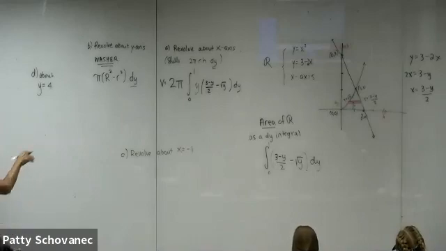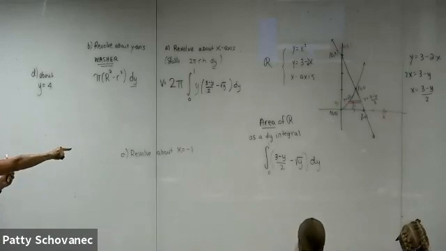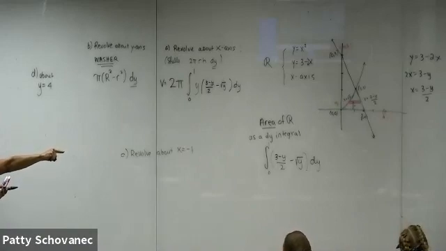So when that makes a washer, the outer radius will be measured from the axis of revolution. So you're standing on the line x is 0, and you're going out this way to the right end point of that red rectangle. And it's going to be some x value that lies on that line.